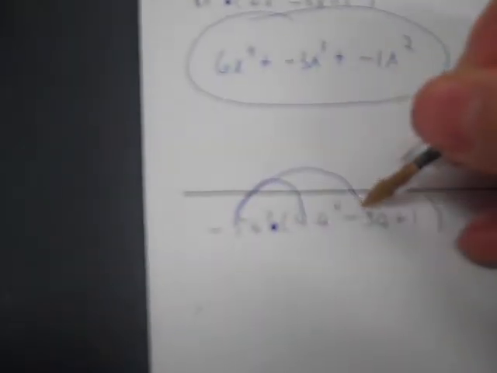Okay, -5a to the third, the operation is times, and then a parentheses: 4a to the fourth minus 3a plus 1. So I go -5 to 4, but it's -5a to the third times 4a to the fourth. Then -5 to -3.